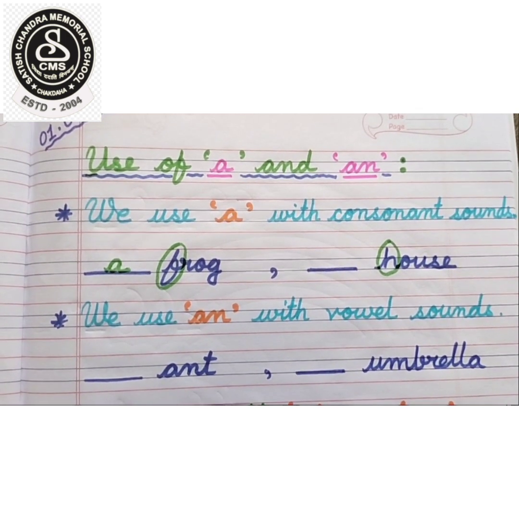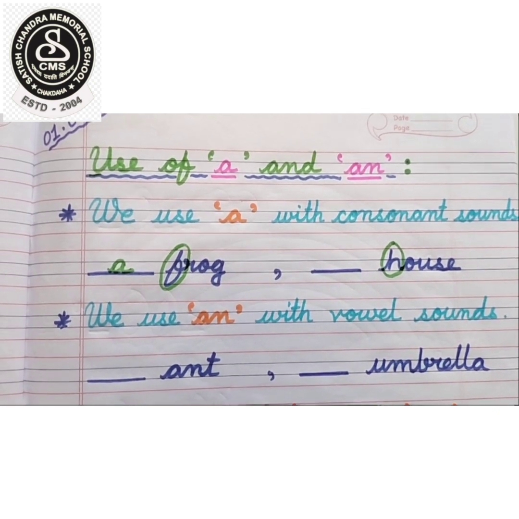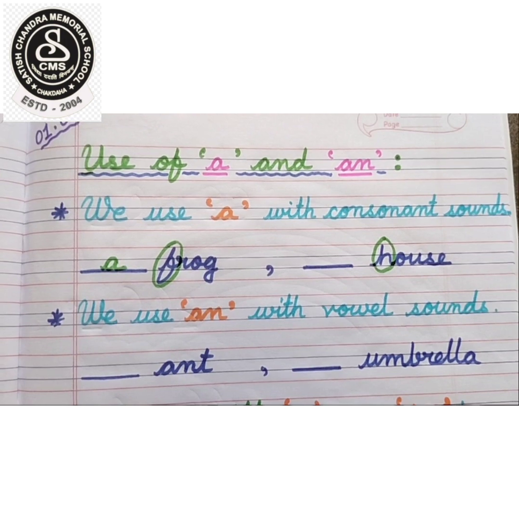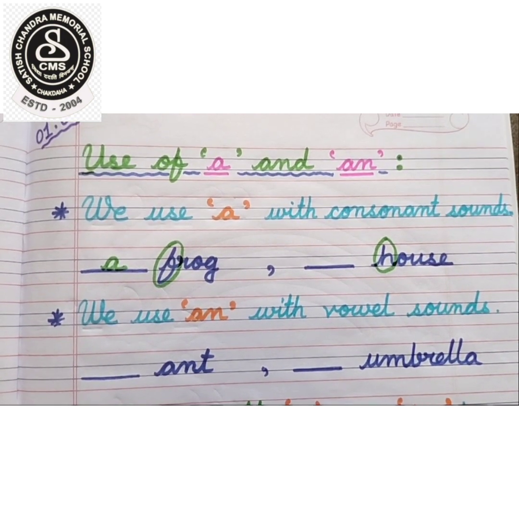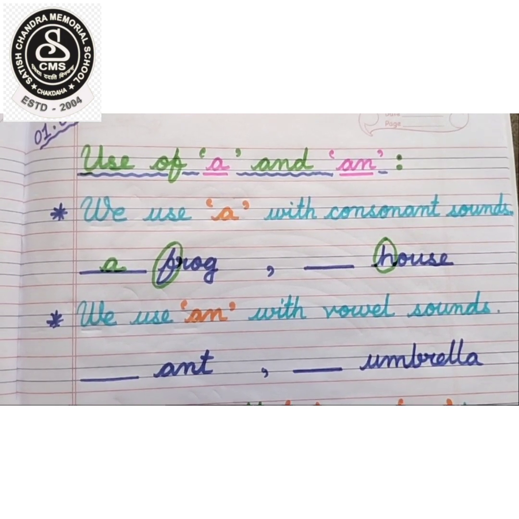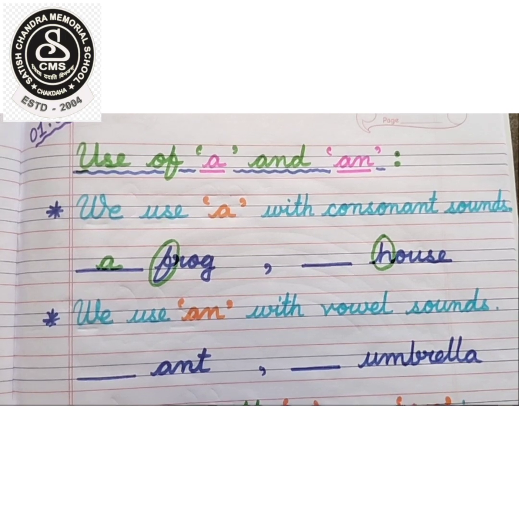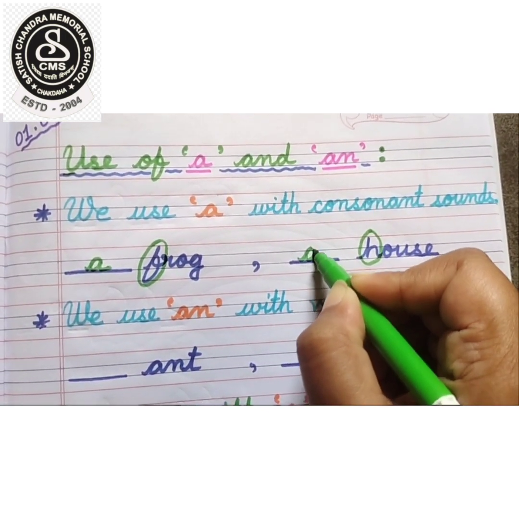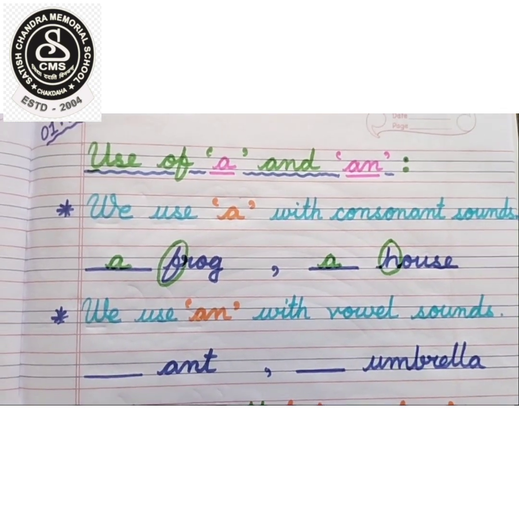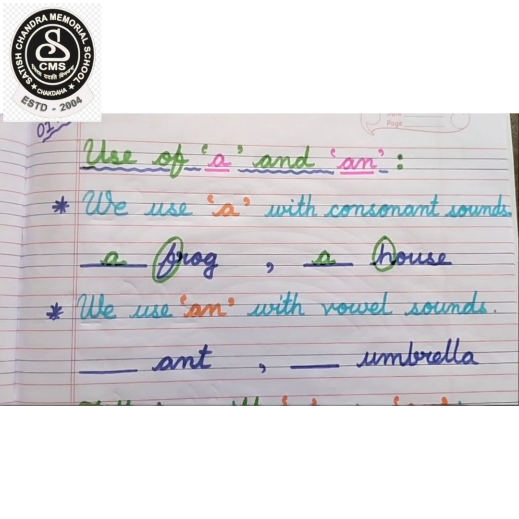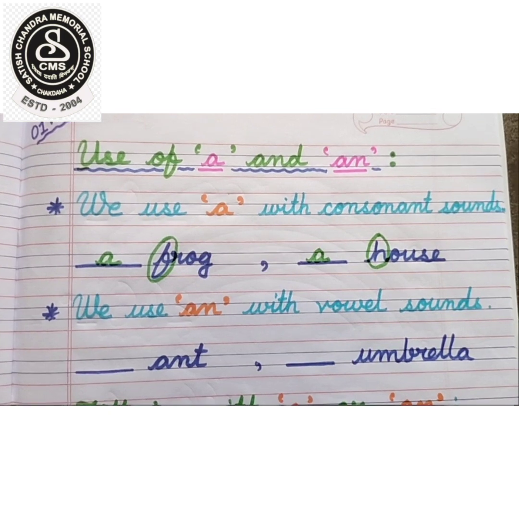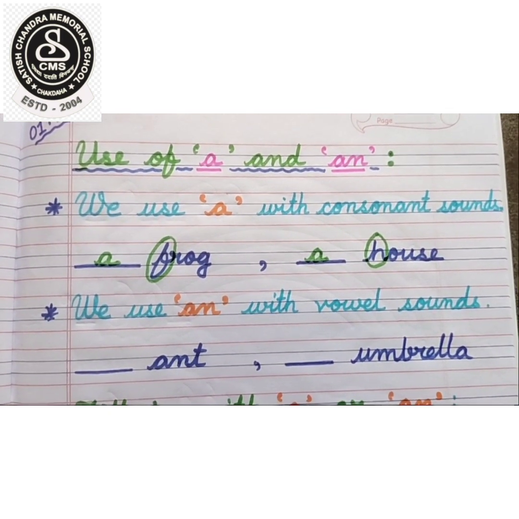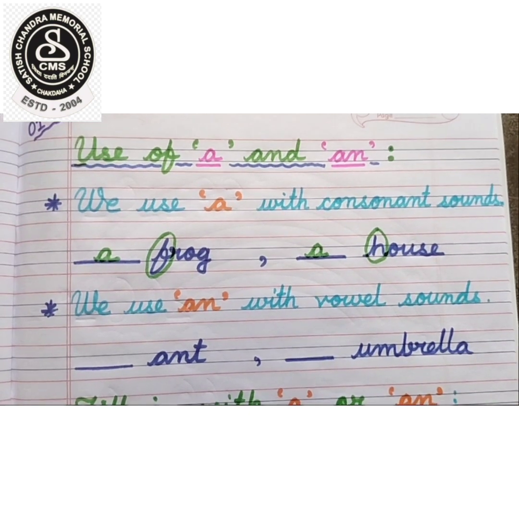H is a consonant and H is a consonant sound. So what should we write before house? A or an? Very good. We will write A before house. So children, hope you have understood where to use A, right? We use A before consonant sounds.